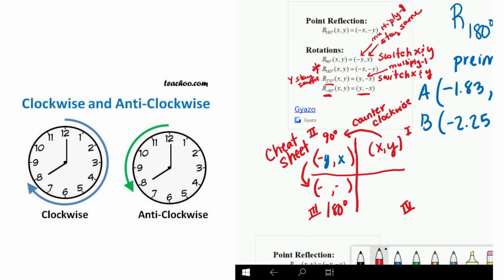My points switch again because I am rotating, so x comes back here and y comes back here. And voila, that just happens to be the same rule for 180, just like 90 degrees is the rule for -y, x. So you can use this as a cheat sheet to come up with the rules. It's very useful to remember the rules.